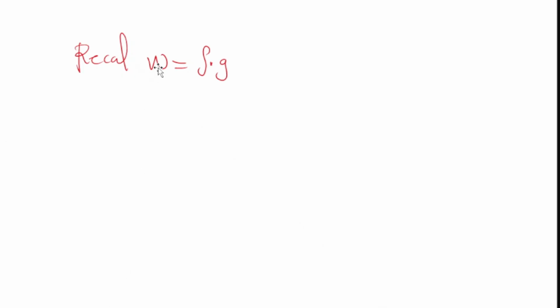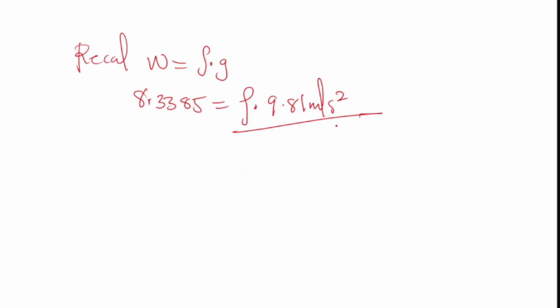We know the specific weight W is 8.3385, and this is equal to density multiplied by acceleration due to gravity, 9.81 meter per second square. So you divide here by 9.81 meter per second square, and you divide here by 9.81 meter per second square.